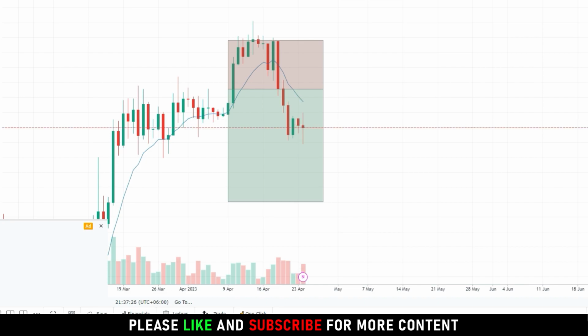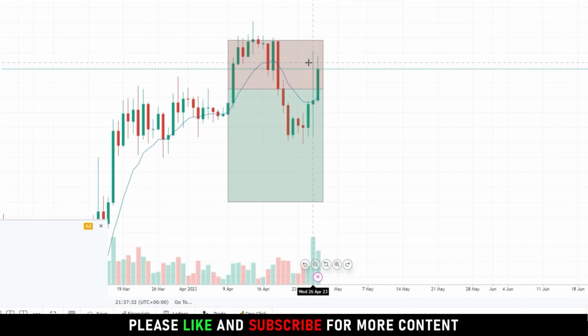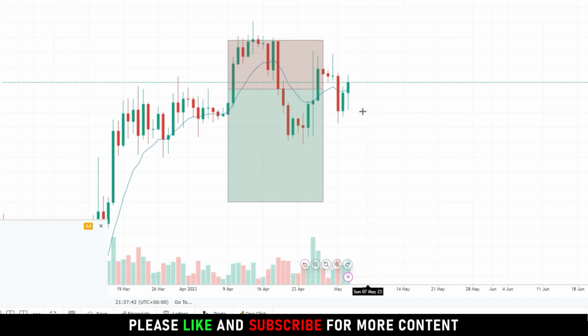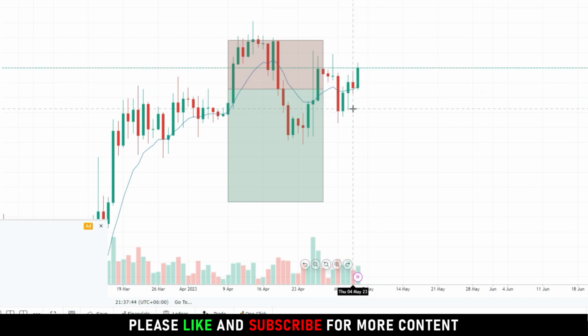Okay, it is going in the downside momentum. Now you can see our SL is here, and it went nearly to touch our SL area, but it did not touch. Let's see. Okay, it is still moving on this side.